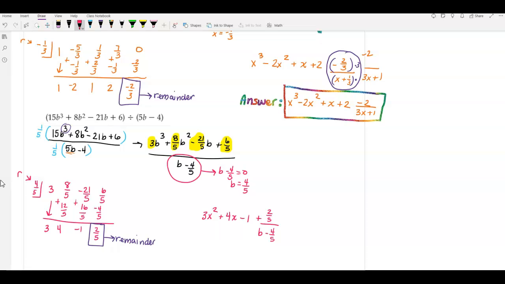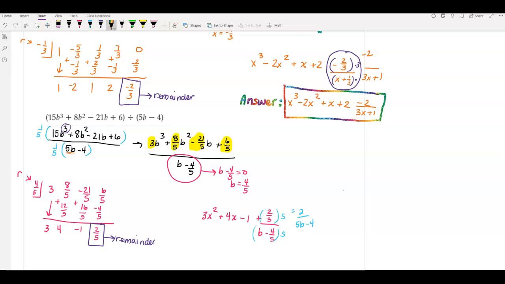However, we don't want a fraction in our denominator. So that means we're going to have to multiply by our denominator of 5. So multiply both our numerator and denominator by 5. What happens here is this becomes 2 over 5b minus 4, which was our original.